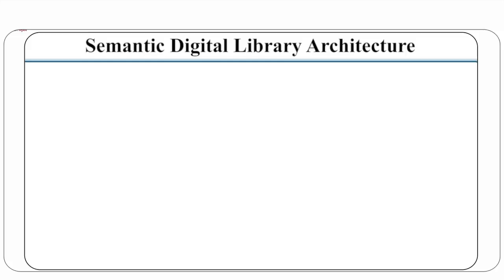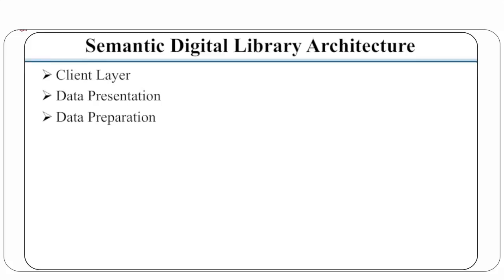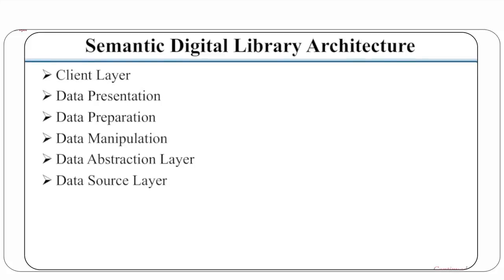The service oriented architecture is proposed to specify, organize, and execute services delivered by each abstraction layer. The 6 layers are client layer, data presentation, data preparation, data manipulation, data abstraction, and data source layers.